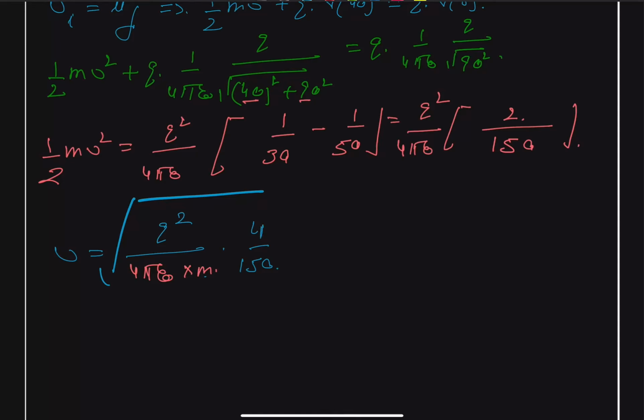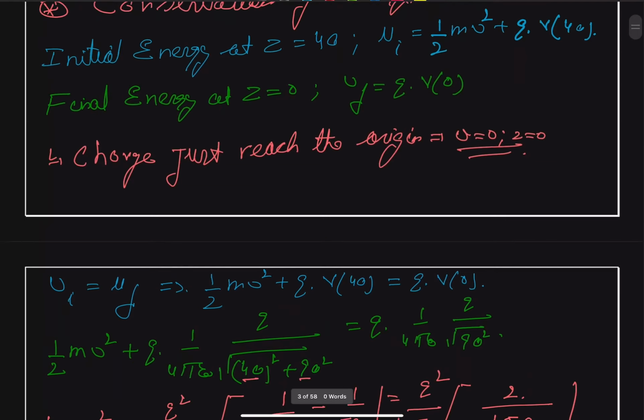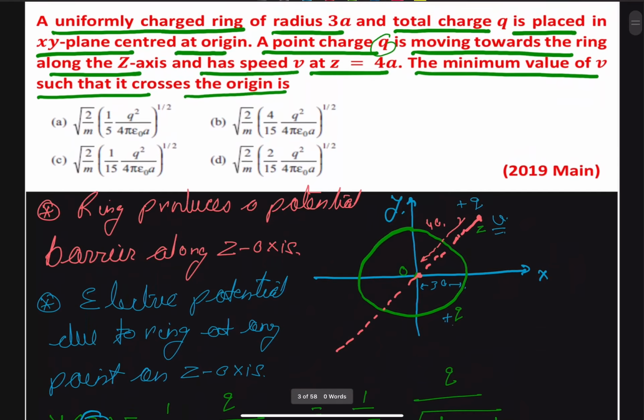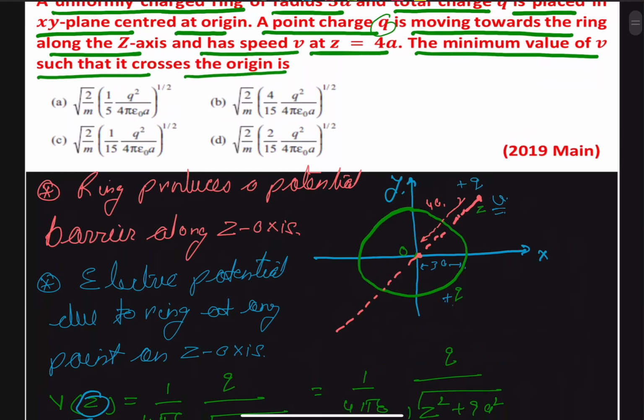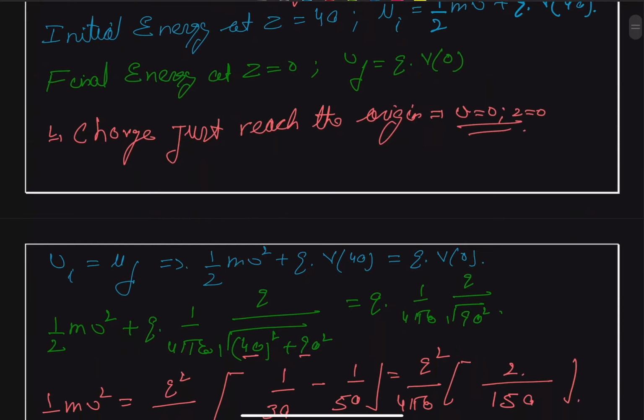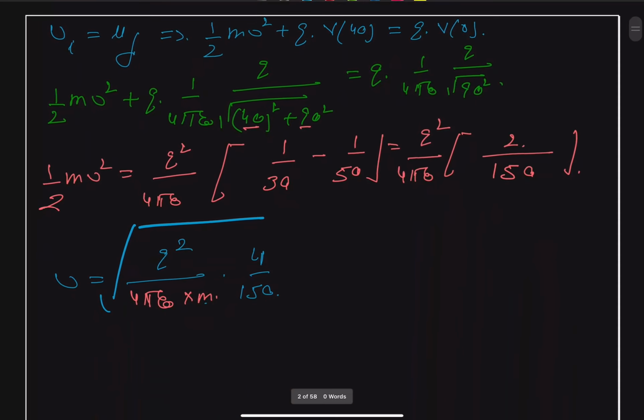Hopefully this matches one of the options. Therefore we get this as m. Okay, they have segregated 2 and 4. Okay, let's do that.